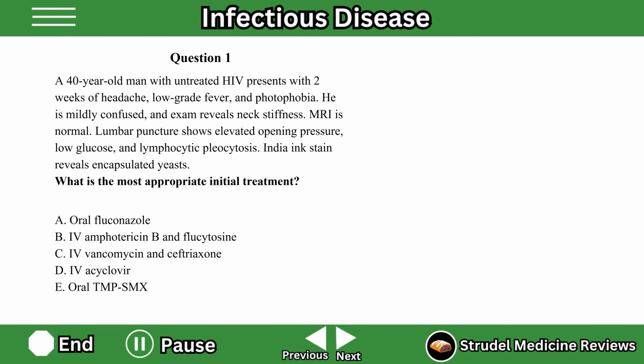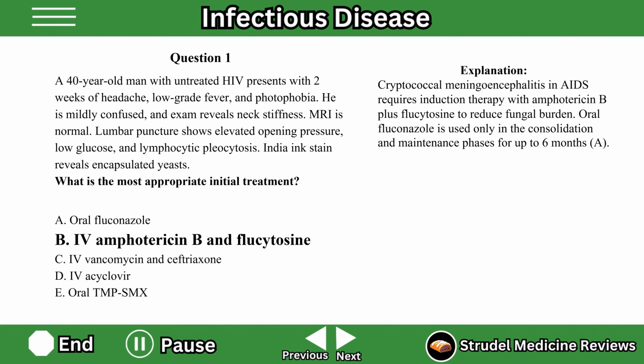So you should be saying that the answer is in fact B, IV amphotericin B and flucytosine. What leads you to answer choice B is that first you need to identify that this patient, who's a 40-year-old gentleman with untreated HIV, presenting with neurologic symptoms and then encapsulated yeast by India ink stain, has cryptococcal meningoencephalitis.